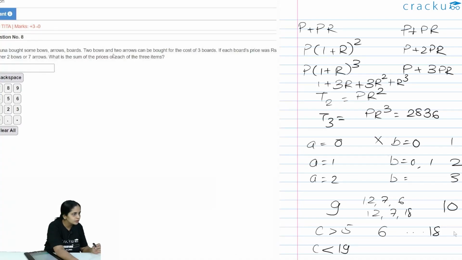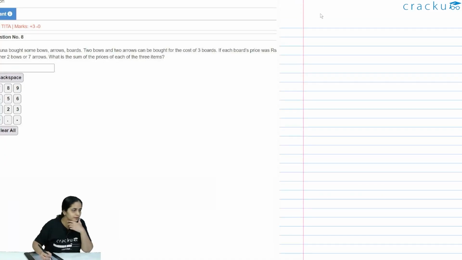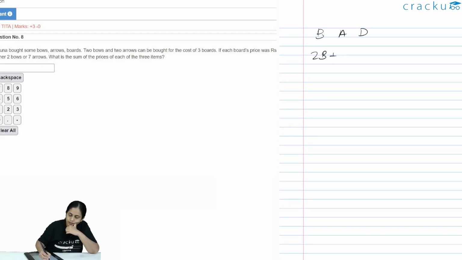Arjuna bought some bows, arrows, boards. 2 bows and 2 arrows can be bought at the cost of 3 boards each. So 2 bows plus 2 arrows is equal to 3 boards. And if each board's price was 8 more than the current price, then the board is worth D plus 8.